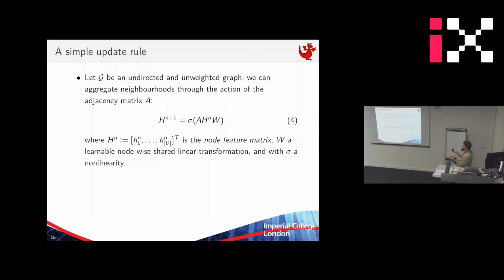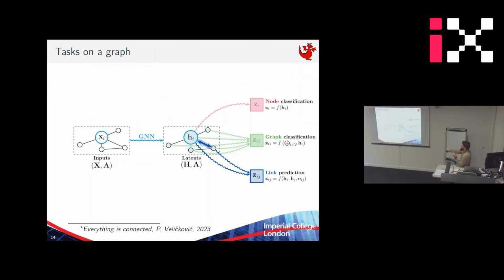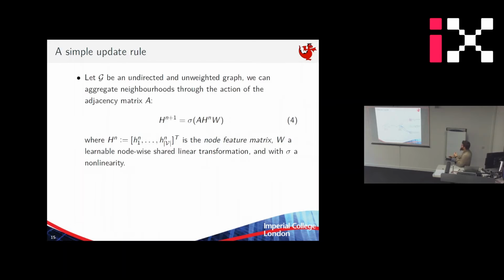One way to derive an update rule, remember, for each layer you update the value of the feature vector, is to just use the adjacency matrix. You take the set of feature vectors. So H^n is the matrix that stacks all the feature vectors, and you have as many as you have nodes. And then you just multiply by the adjacency matrix.